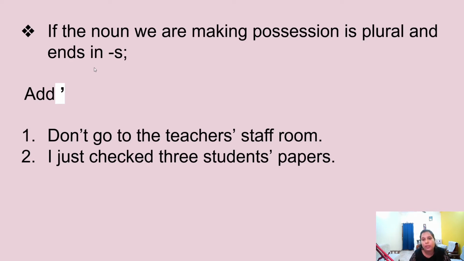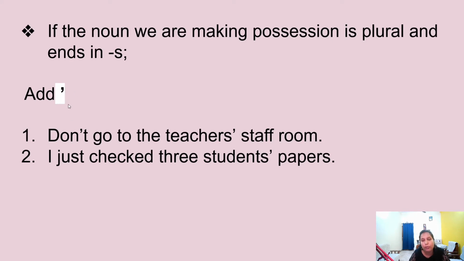When we make something plural, we add s at the end. For example, girl is singular, girls is plural. In the same way, when a word is plural, there would be an s at the end. So when we want to show possession and the word is plural with an s at the end, we use just the apostrophe and we do not use the extra s.